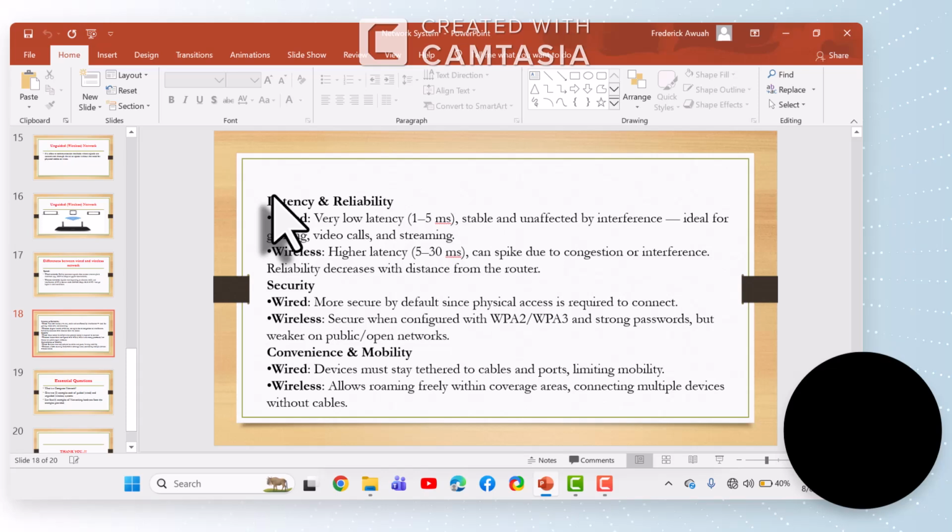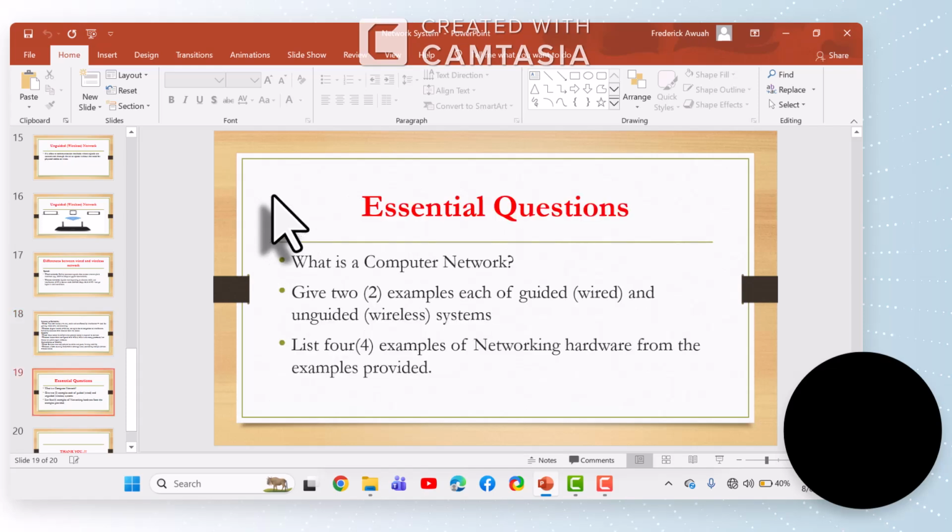And for mobility, that's where wireless comes in strong. With wireless, you can take it anywhere, wherever you are. But with wired, it's very difficult unless you are in your office or where they have set up the wiring before you can have access to the internet. So that's the difference between guided and unguided networks.